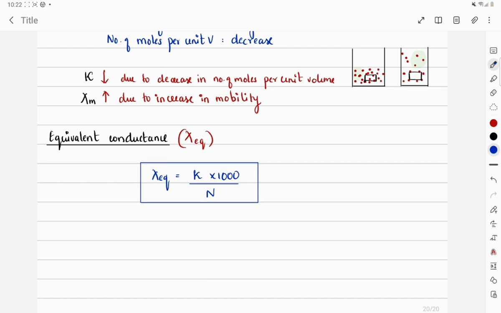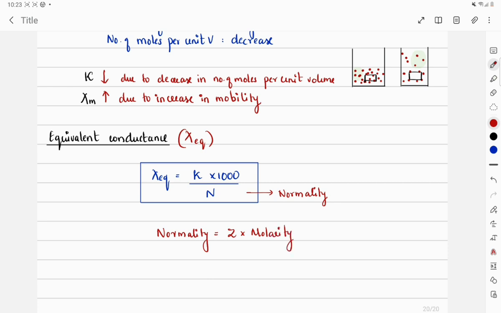So how do we relate normality and molarity? Do you know the connection between them? Normality, which is represented as N, here N actually represents normality. Please note that also. To connect normality with molarity, we have one factor which we call the valence factor, and the equation is: normality is Z times molarity.